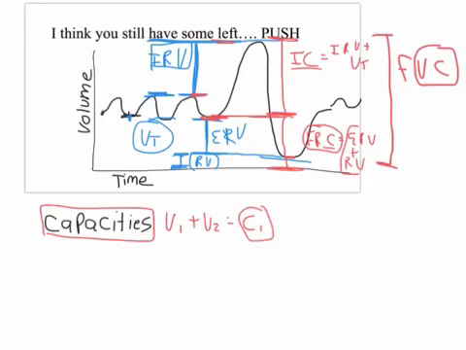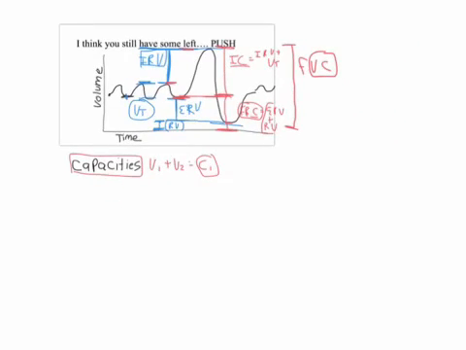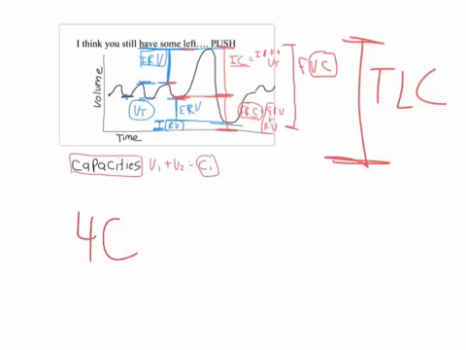And then the last capacity to be familiar with, if you haven't already guessed it, is going to be from the top all the way down to the bottom. This is the total lung capacity. So there you have the 4 capacities that you need to be familiar with and the 4 volumes that you need to be familiar with.